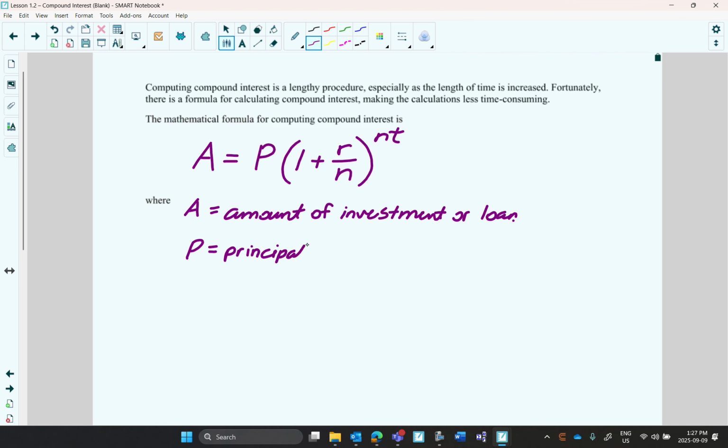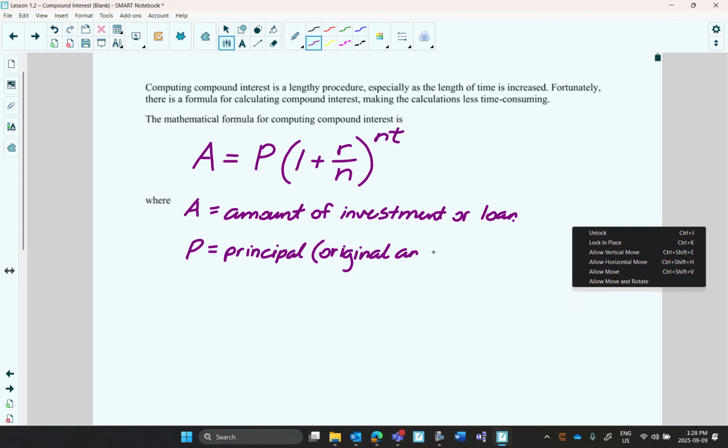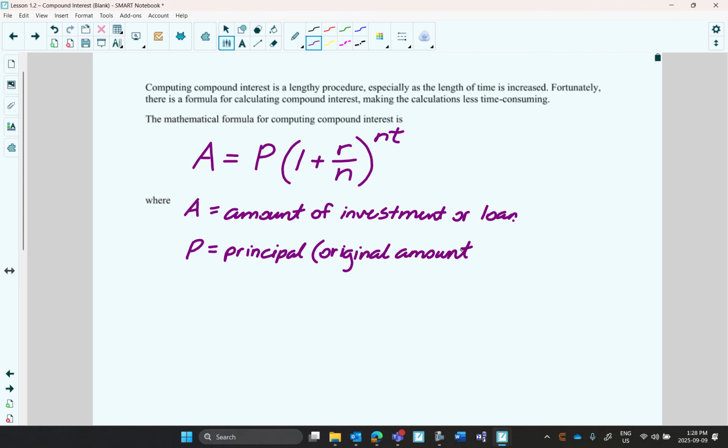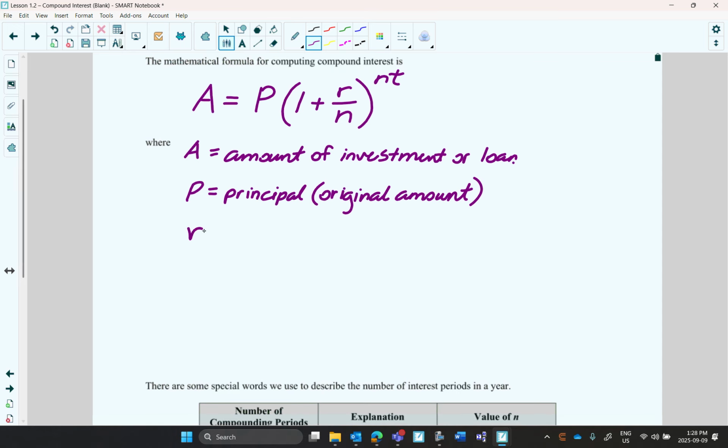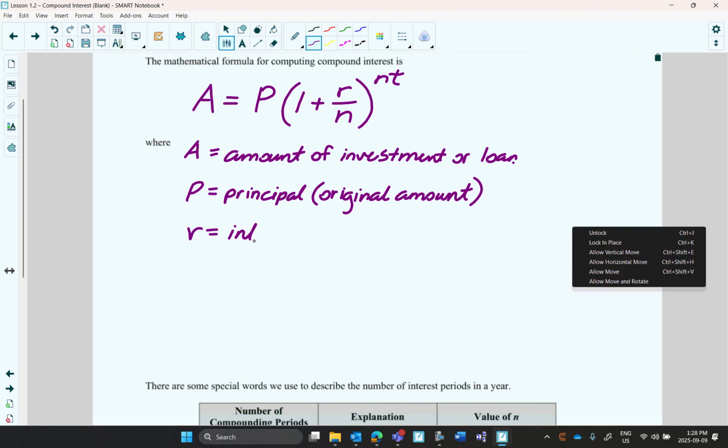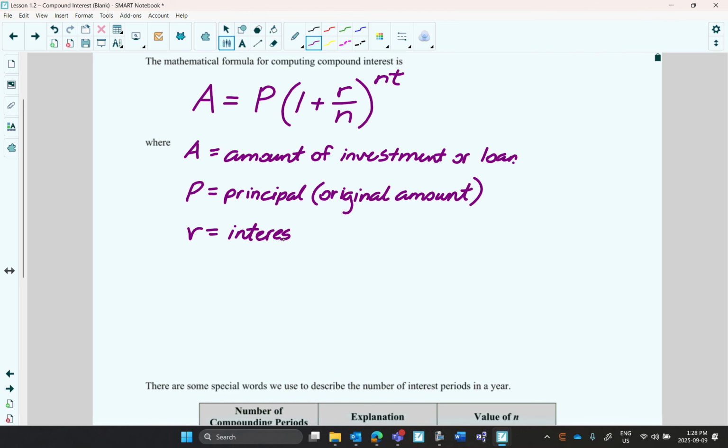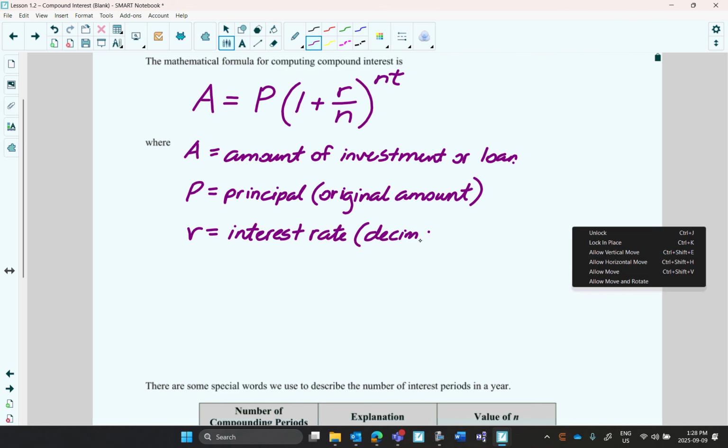Or in other words, it's the original amount. R is still the same. It's the interest rate. But when we do calculations with it, we always want it as decimal.